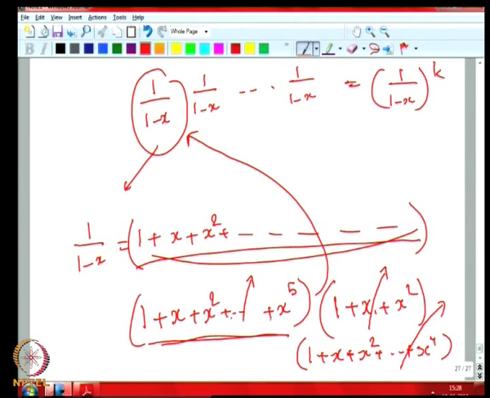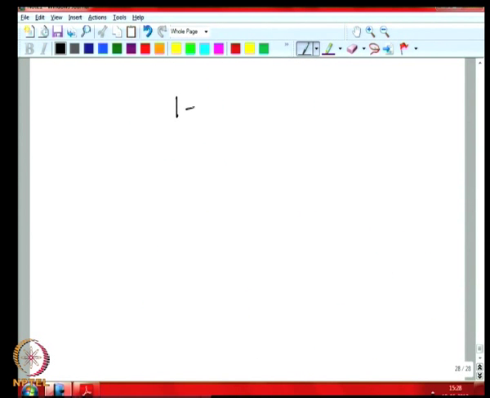But now, this will be a product like this, and we can indeed simplify it, because 1 plus x plus x square up to x raised to 5, we know how to sum it. How much is that? That is 1 minus x raised to 6 by 1 minus x, right.